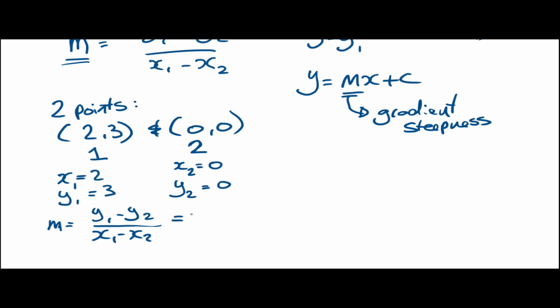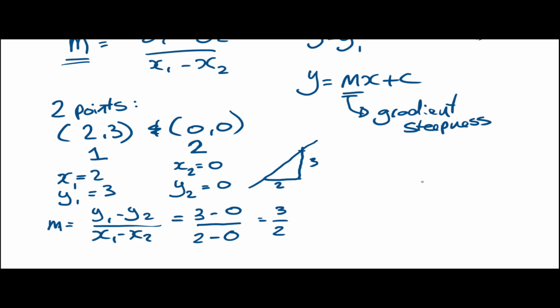So that's going to be y1 is 3 minus y2 is 0 over x1 is 2 minus x2 is 0. So it's 3 over 2. So the gradient of that line is 3 over 2. So for every 2 that it goes across, it goes up 3. Just to rub that out, just to make it all good and nice.